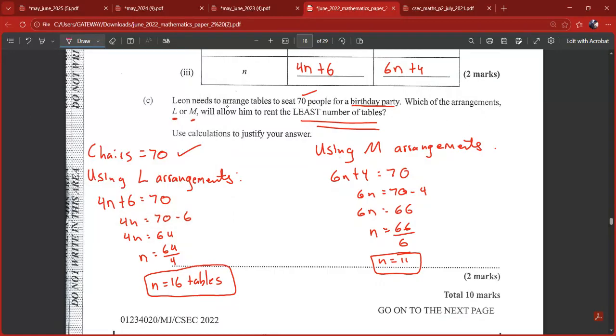Which arrangement will allow him to run the least number of tables?